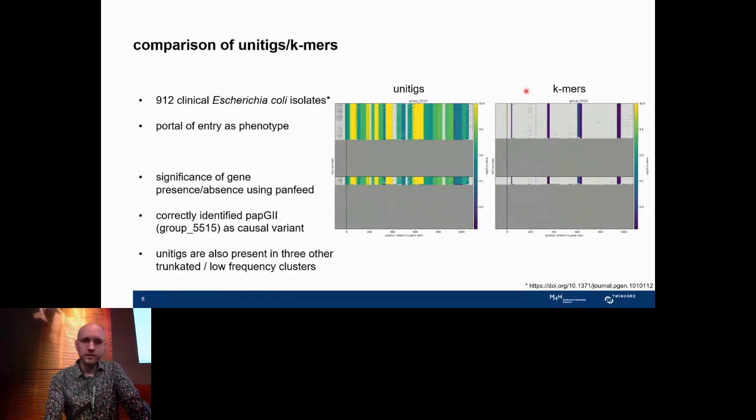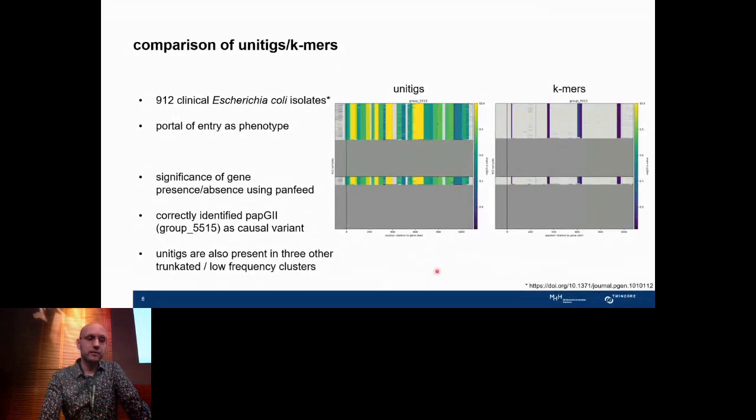This is the gene cluster group 5515, which was just the name given to PUBG2 by Panaroo. And PUBG2 has been identified before as being associated to pyelonephritis and the entry through the urinary tract in hosts.